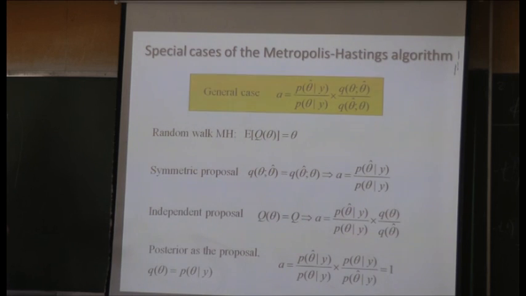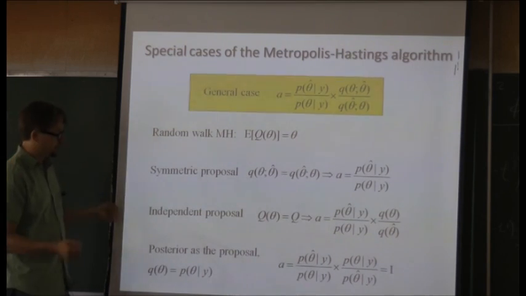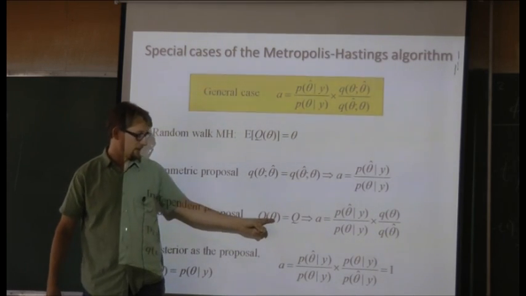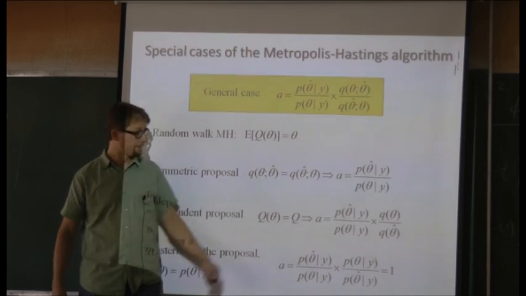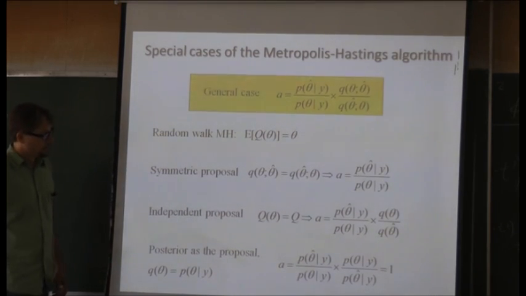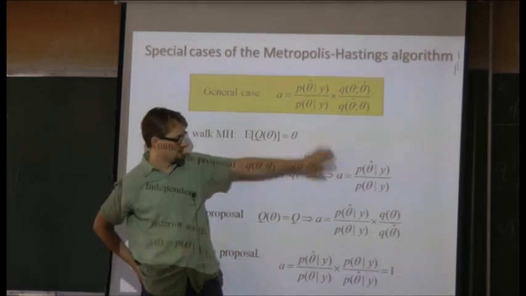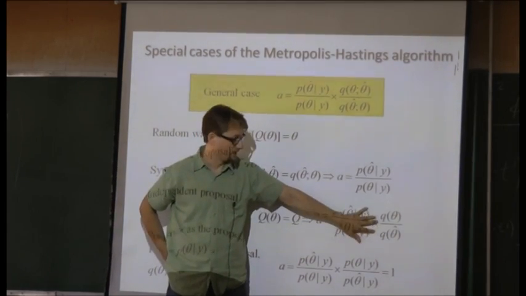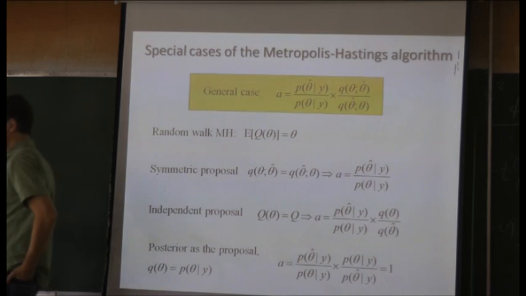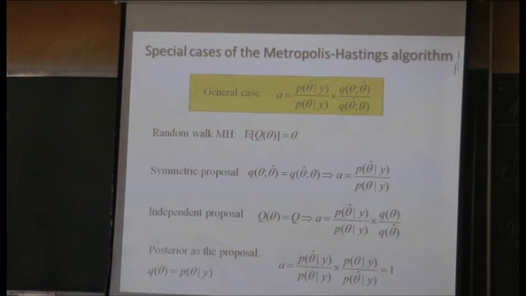This is also a valid proposal. I don't need to care what the present value of the parameter is. So in that case, this q of theta actually doesn't depend on theta. You still have the same expression, but this density here also doesn't depend on the current values. So this is called independent proposal.